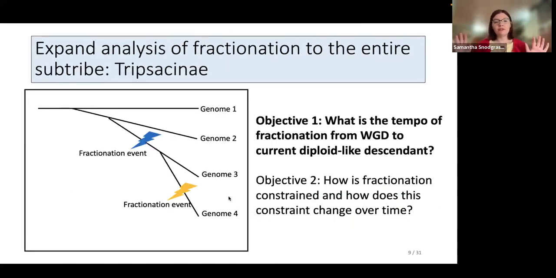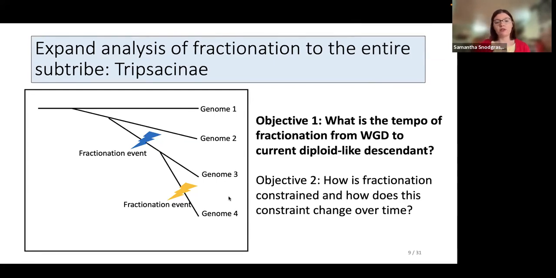So the goal of this analysis is twofold. The main one that I'm going to be talking about today is trying to understand this tempo of fractionation. When did fractionation occur along that time scale of immediately after that whole genome duplication event through the various divergences of the subtribe down to our current diploid-like descendants?